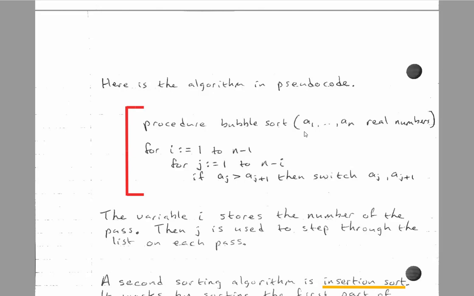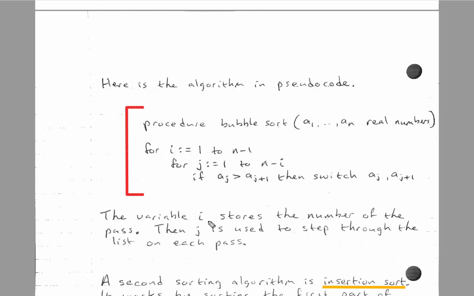The procedure takes in this input, A1, A2 up to AN, real numbers. And so this is an unordered list we want to sort. All right, the outer loop goes from 1 to n minus 1.